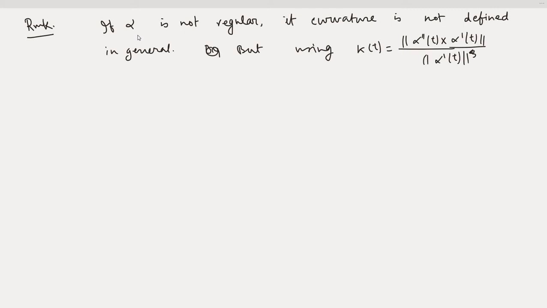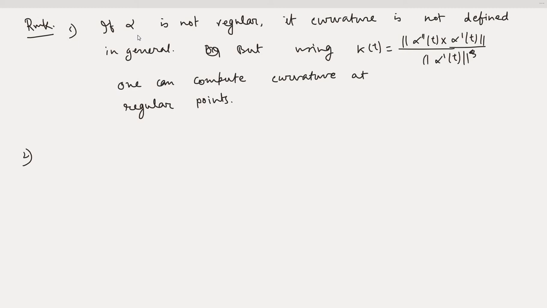Using this formula one can compute the curvature of such a curve at regular points. Regular points means the points t where alpha prime and alpha double prime all exist. So this is remark 1 and remark 2.